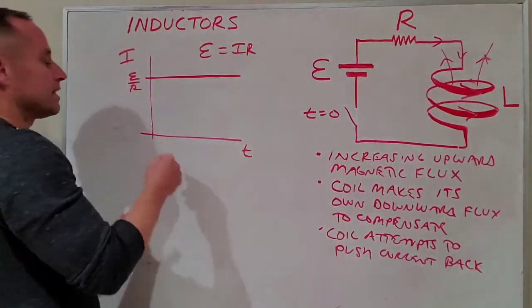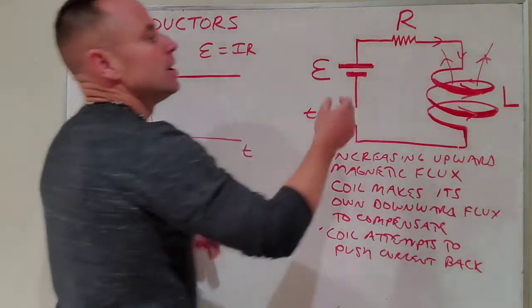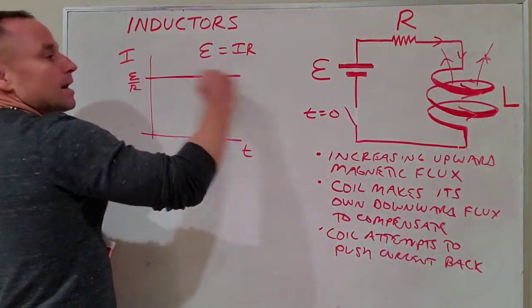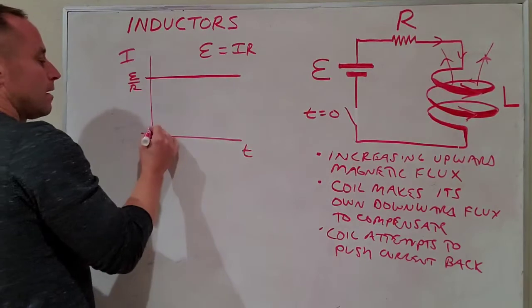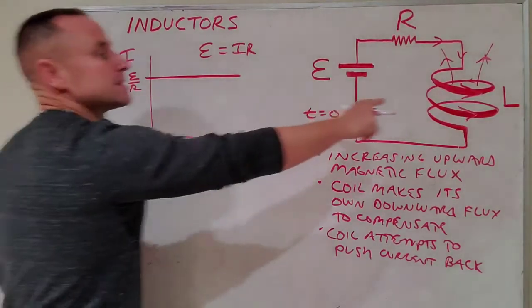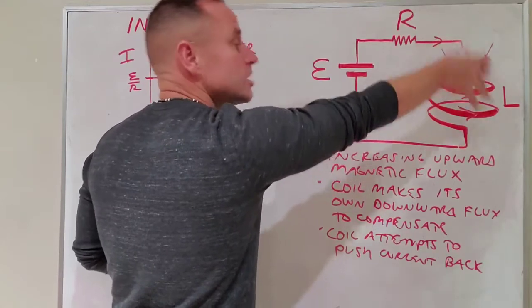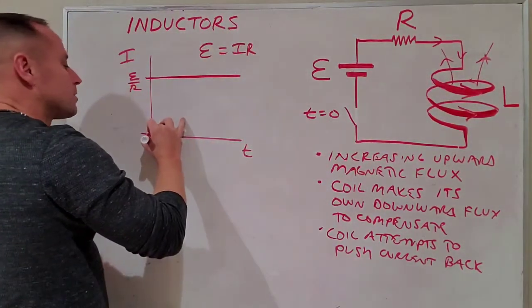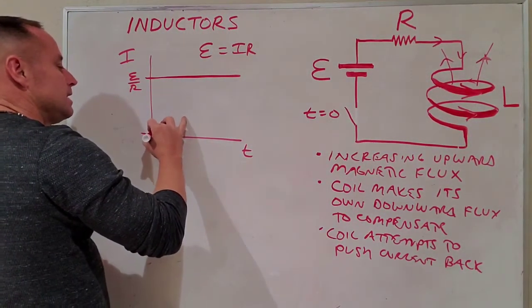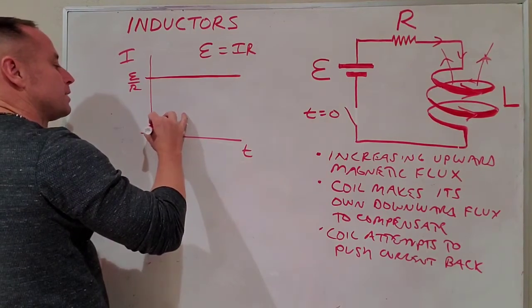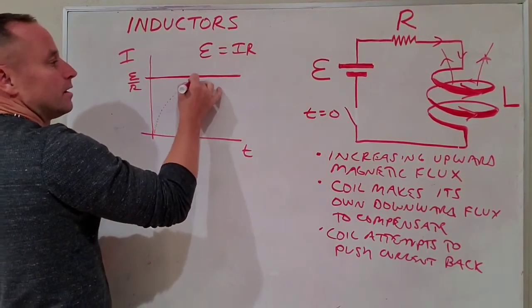So what ends up happening is, instead of the current just instantly ramping up to what you would get from Ohm's Law, the current has to build up to it, because this thing is really going to be fighting at the beginning while the flux is changing in this thing. So instead, what you actually see is that the current has to build up to that value.